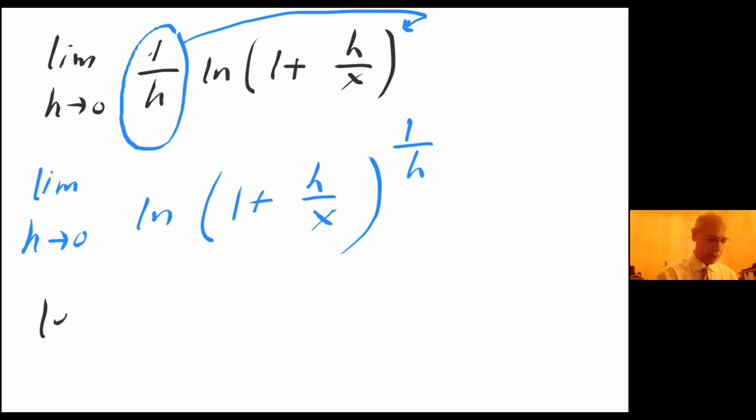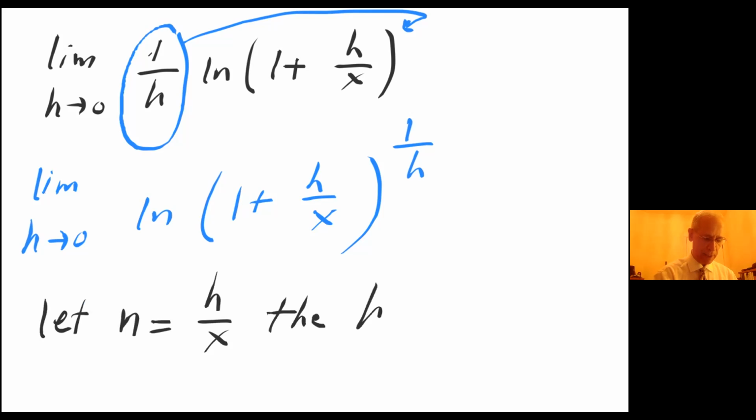Let n equal h over x. So then I can claim that h equals n times x, and 1 over h equals 1 over nx.